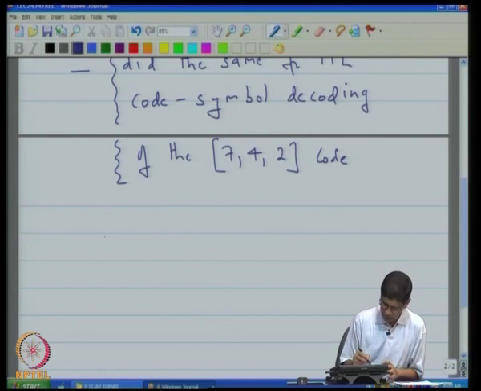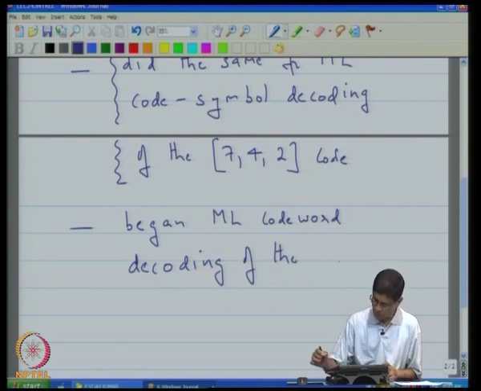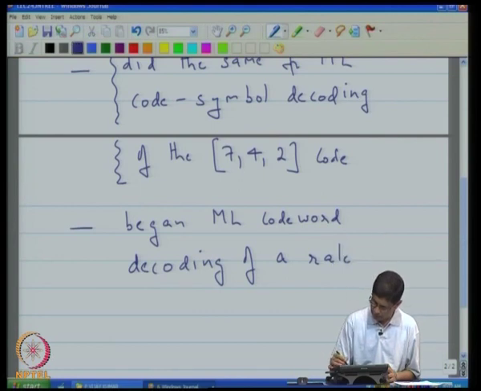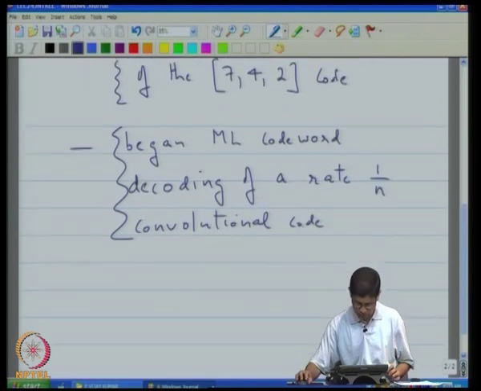Then I just got started in trying to formulate maximum likelihood code word decoding of a rate 1 by n convolutional code. And we will continue on that.